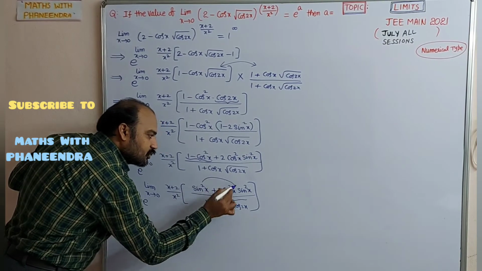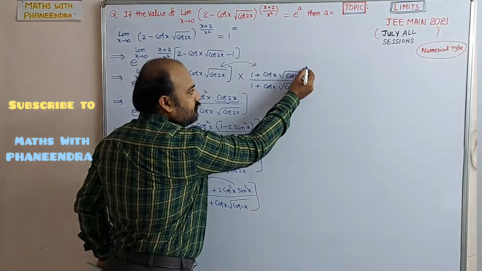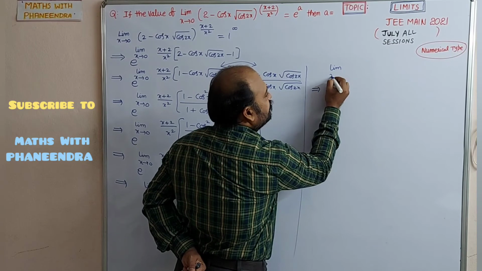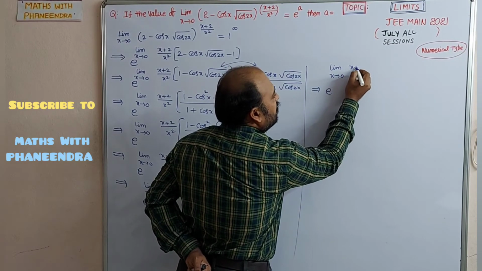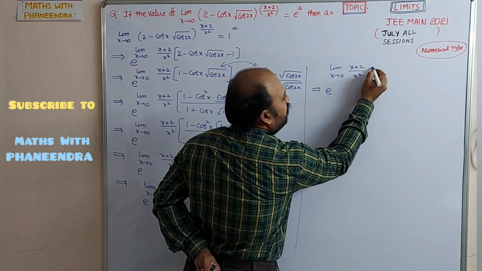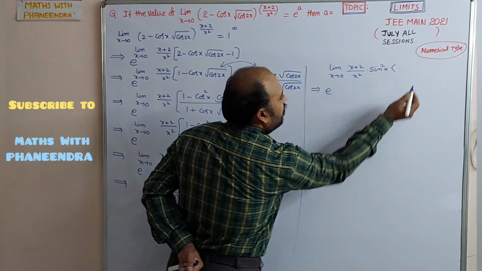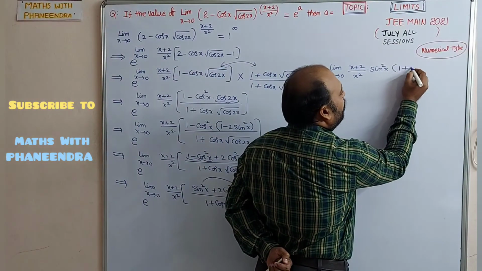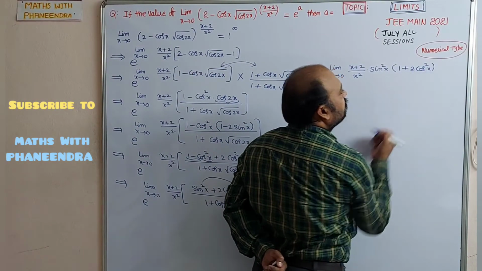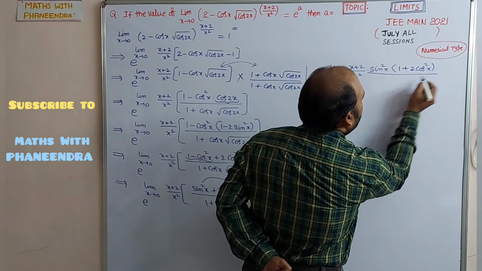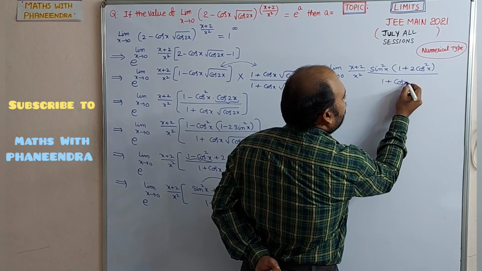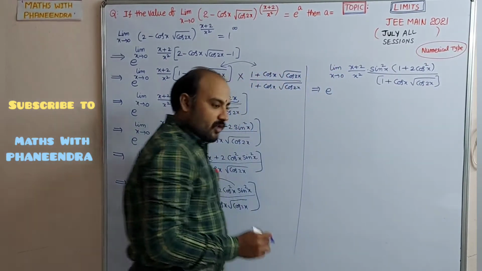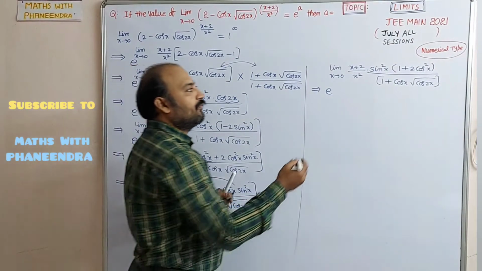In the next step, sin square x we are taking common. E power limit x tends to 0, x plus 2 by x square into sin square x, the rest of the term 1 plus 2 cos square x divided by 1 plus cos x into root cos 2x. Observe, dear students, carefully.